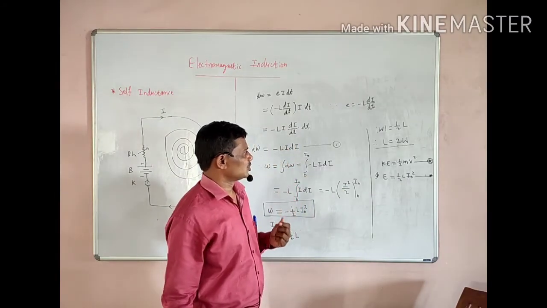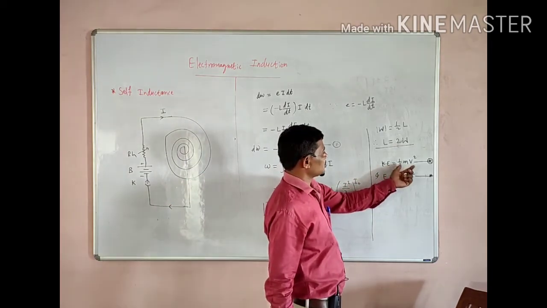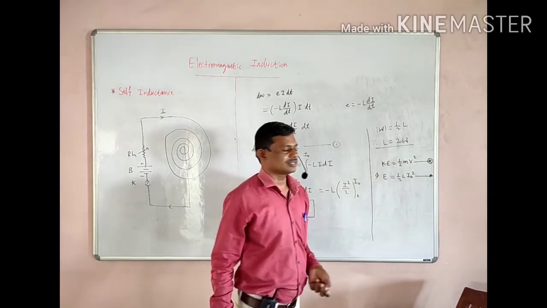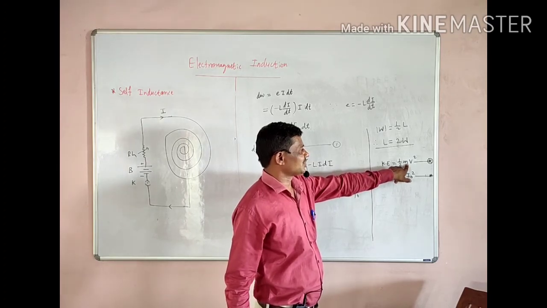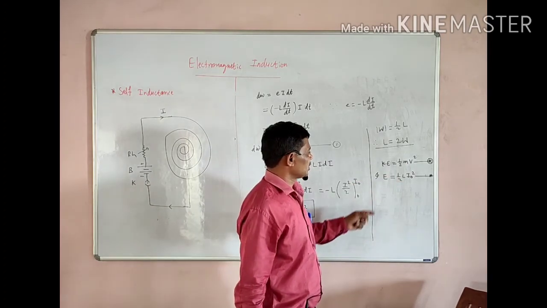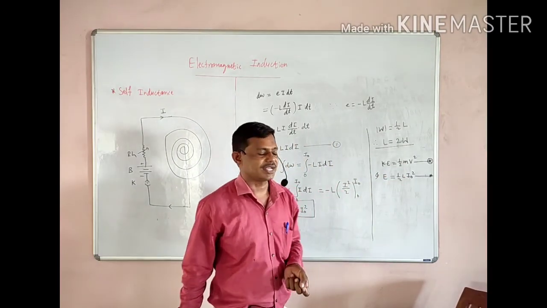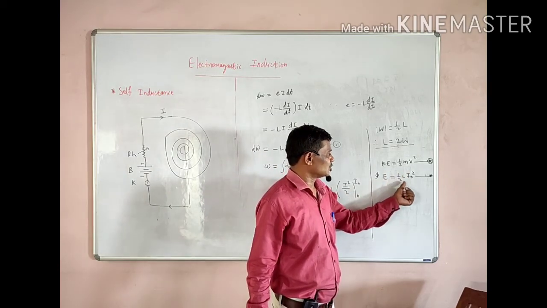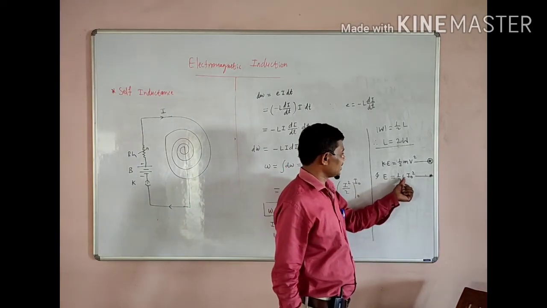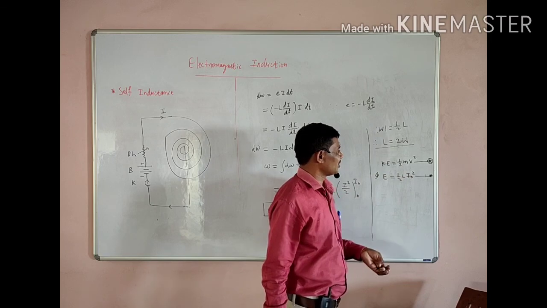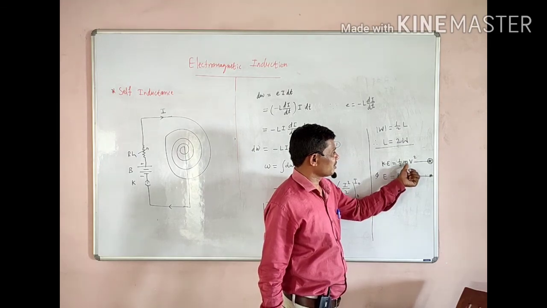From these two equations, we can conclude that in mechanical energy, this m plays the role of inertia. That means mass plays the role of inertia in mechanical energy, similar to the L, which is called the self-inductance of a coil, which plays the role of inertia in an electrical circuit. So, this L is similar to that of m. That means this is the electrical inertia and this is the mechanical inertia.